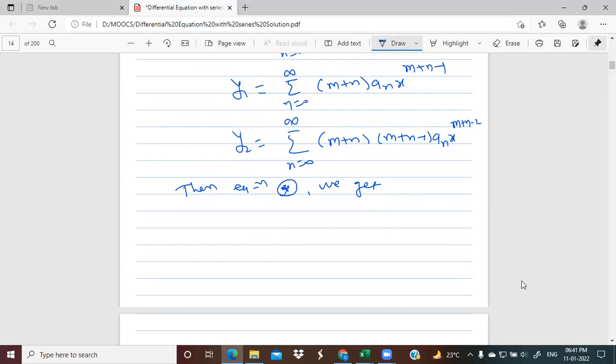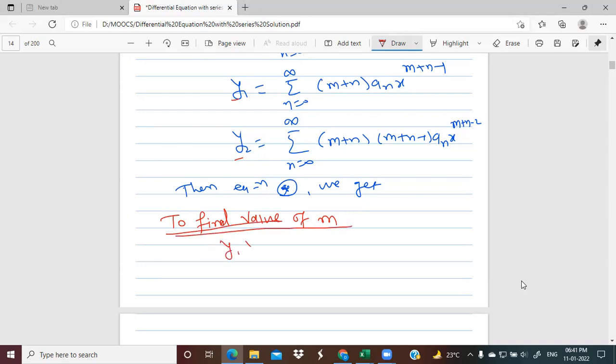Then the coefficient of the lowest power of x gives the value of m. Again, we already have this y1 and y2. We are putting these values in equation star. Now our aim is to find the value of m.